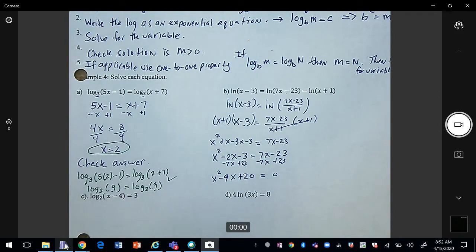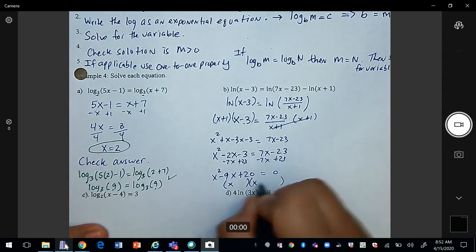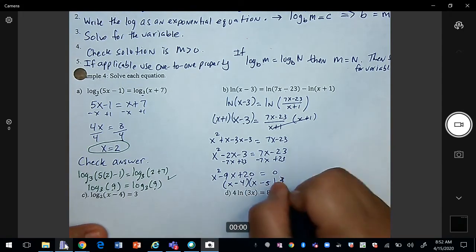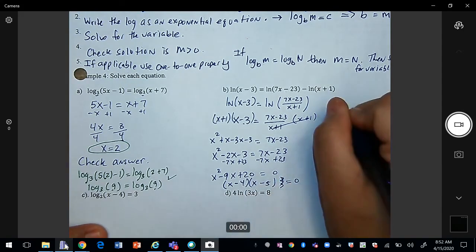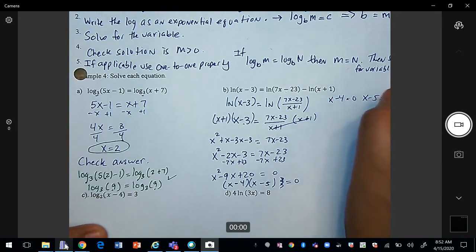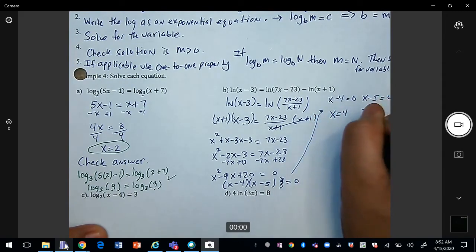Now we can try to factor, or we can use the quadratic formula. Here I'm going to have minus 4 and minus 5 as my factors, and I can set each factor equal to 0. So x is 4 and x is equal to 5.